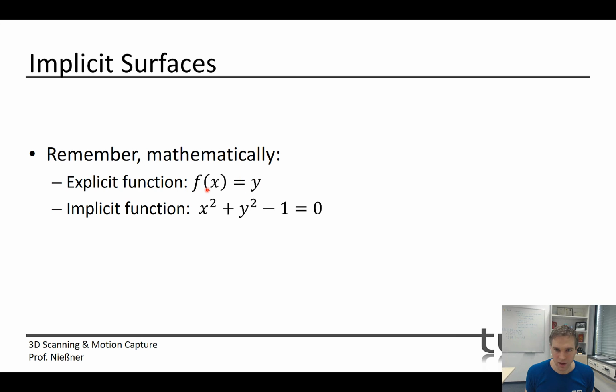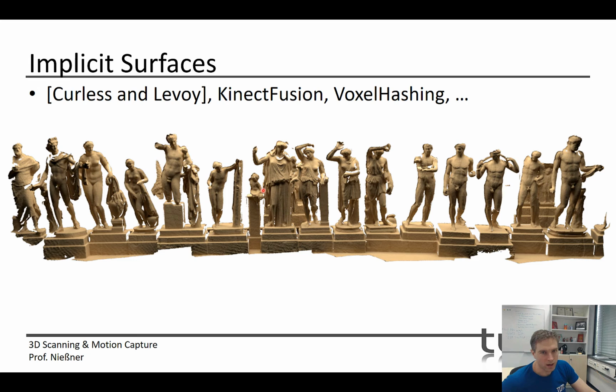So at every x position, you know what y is. An implicit function is when you have x² + y² - 1 = 0. When you have this equal to 0, the surface is implicitly defined. This is something that we often use in the context of surface reconstruction, for instance RGBD reconstructions, which is specifically what we're going to look at in the next lecture.